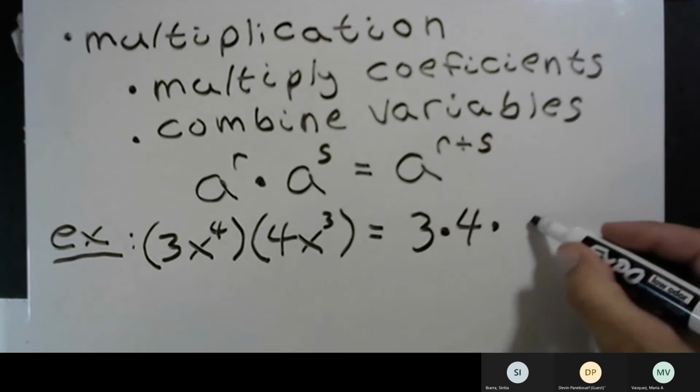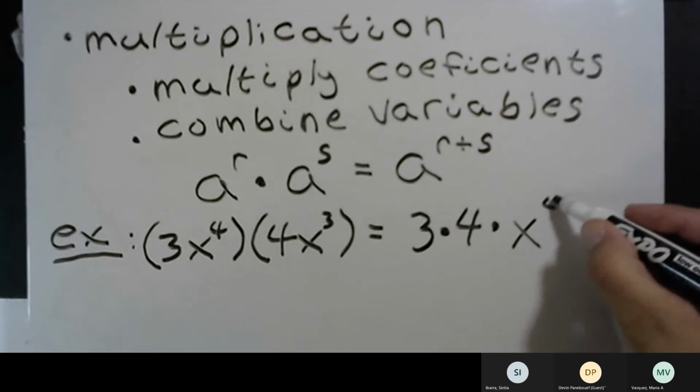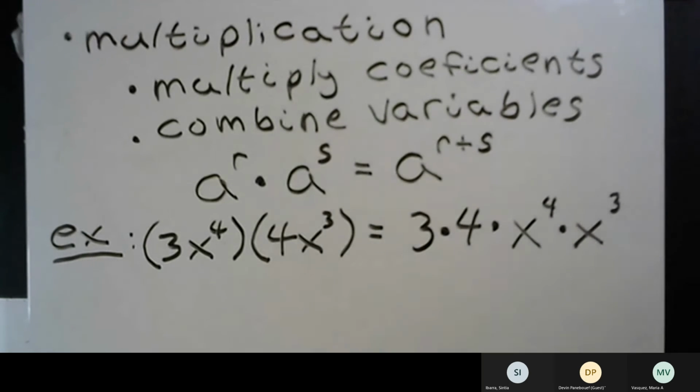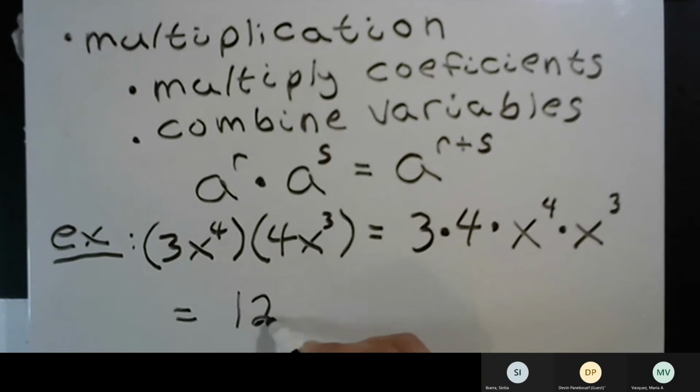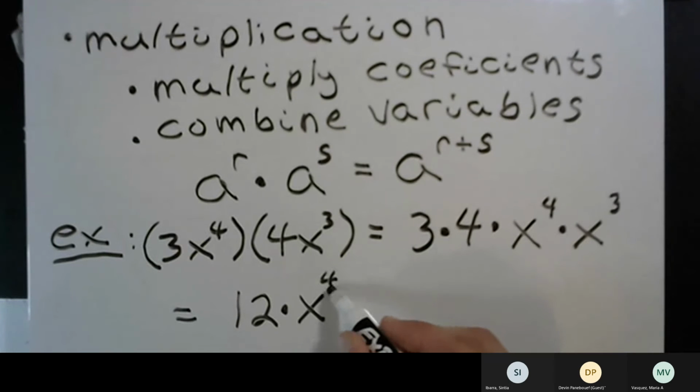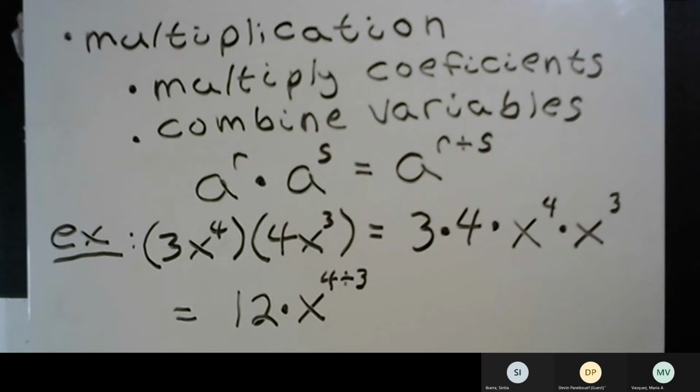And then we're going to have our variables, x to the fourth times x cubed. Now, because this is multiplication, the order and the grouping won't matter. So what this becomes is 12 times x, and then we're going to use this product rule on those two. 4 plus 3.